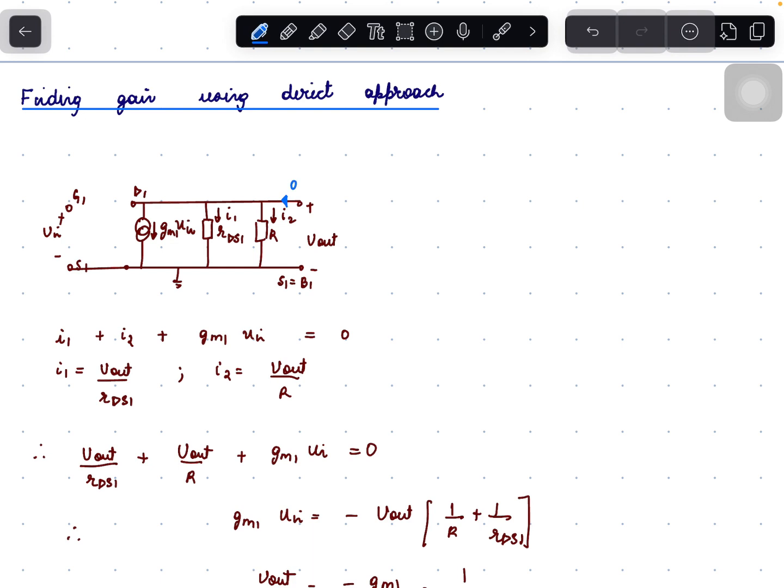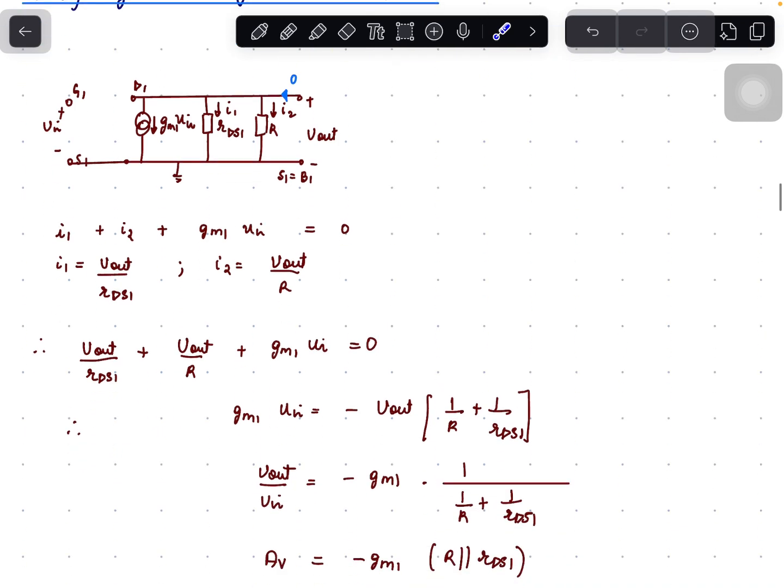So substituting I1 equal to Vout by RDS1 and I2 equal to Vout by R, we can write Vout by RDS1 plus Vout by R plus gm1 times Vin equals 0.